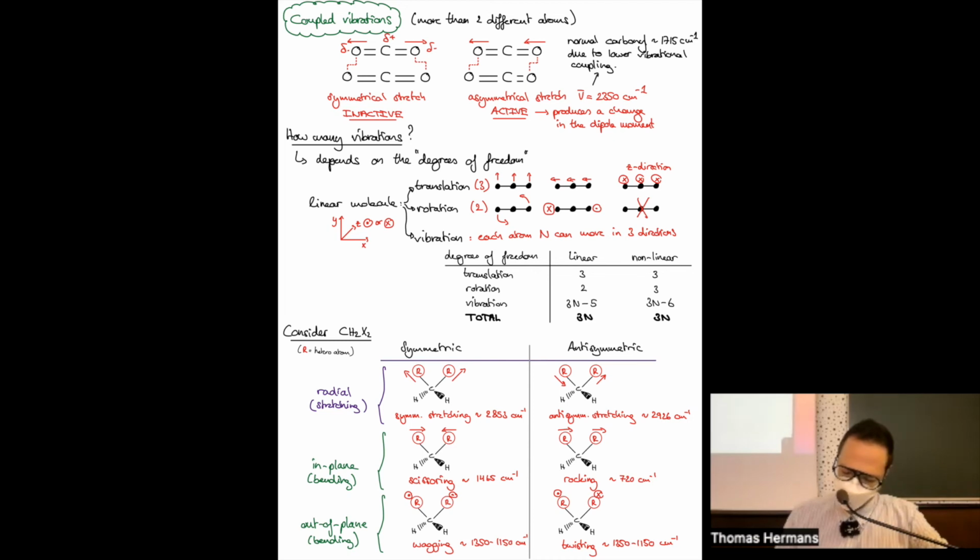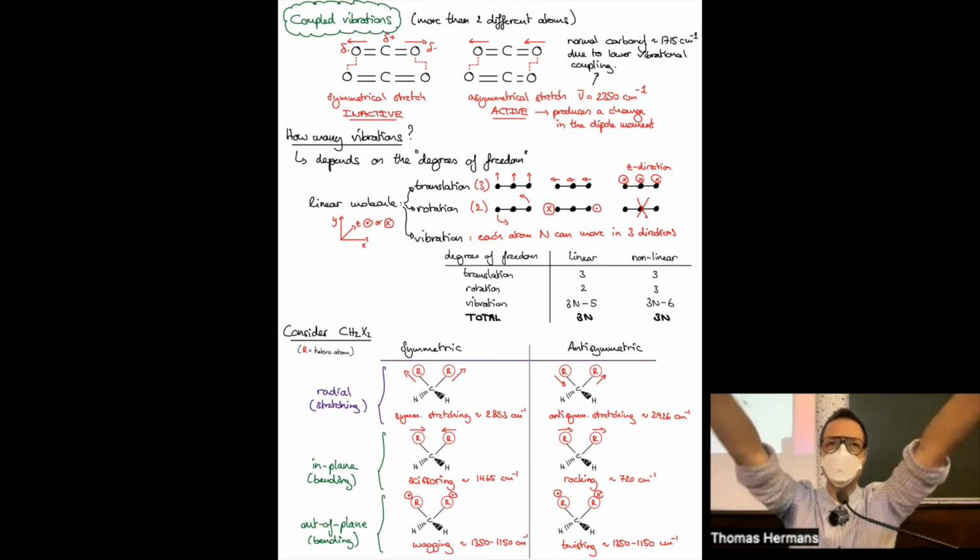So 2 more. So this would be out of plane bending. Okay. So if they both move to the front and the back at the same time, that's called wagging.